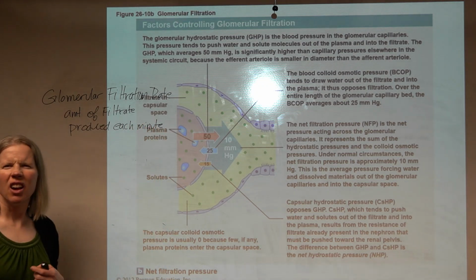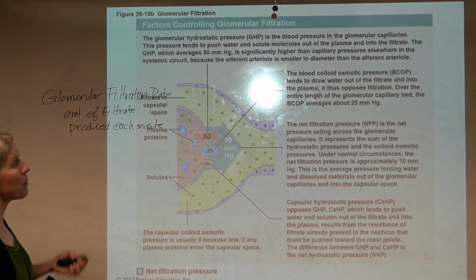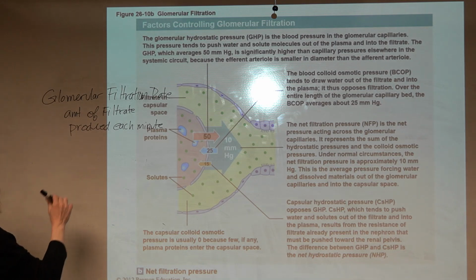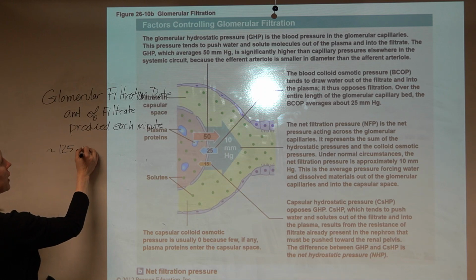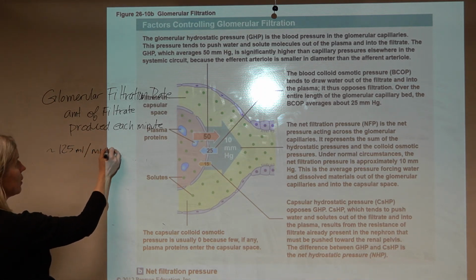Right, so kind of like cardiac output was the amount of blood pushed per minute. This is the amount of filtrate produced each minute. And what we'll see is that we end up making about 125 milliliters of filtrate per minute, right?